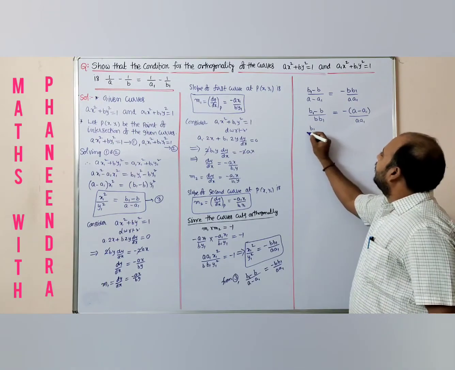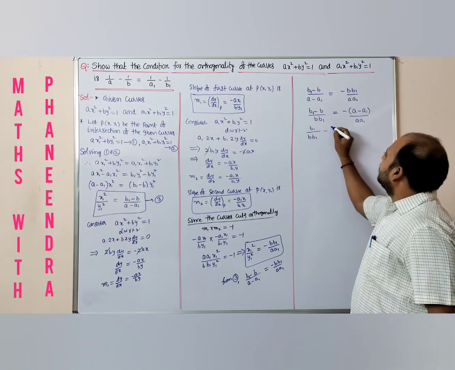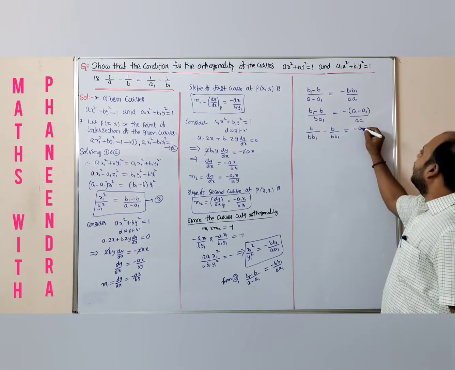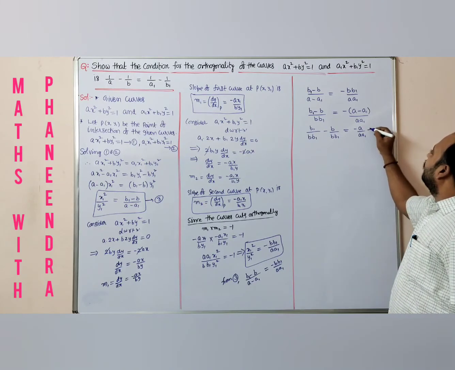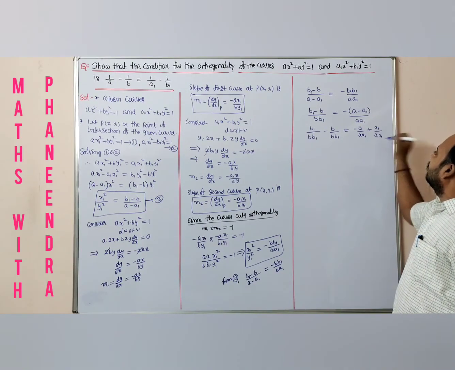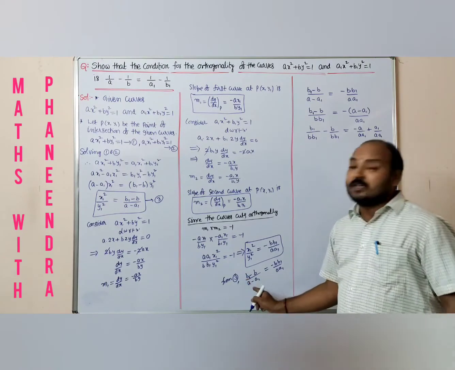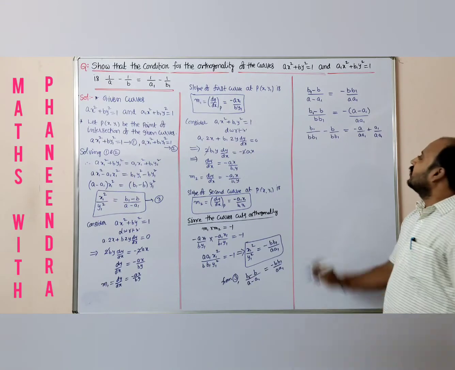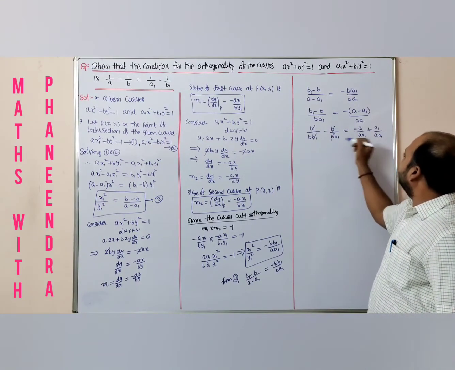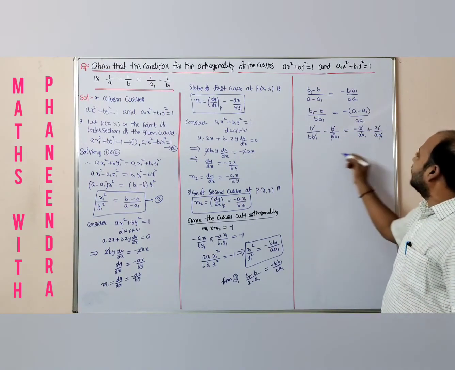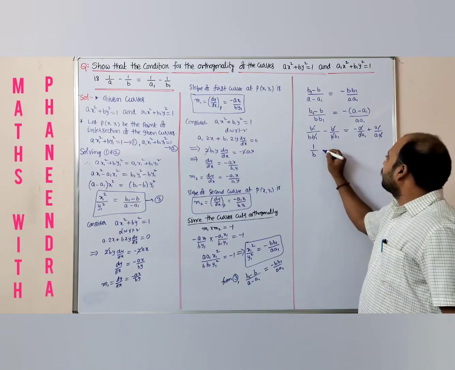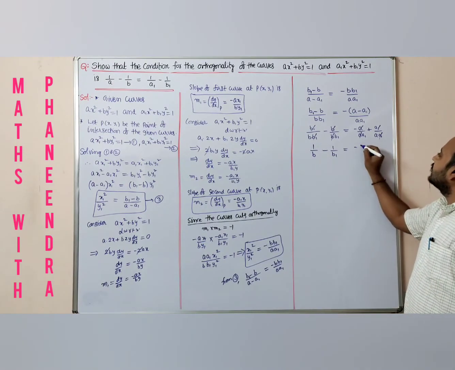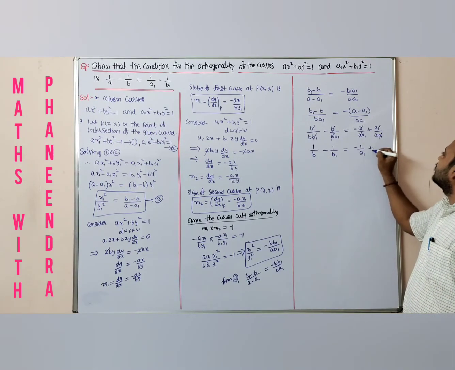So b1 by bb1 minus b by bb1, minus a by a1 plus a1 by a1. One small change: I wrote b only instead of b1. So here b1 minus b. Now b1 cancels, b cancels, a cancels, a1 cancels. 1 by b minus 1 by b1 is equal to minus 1 by a1 plus 1 by a.